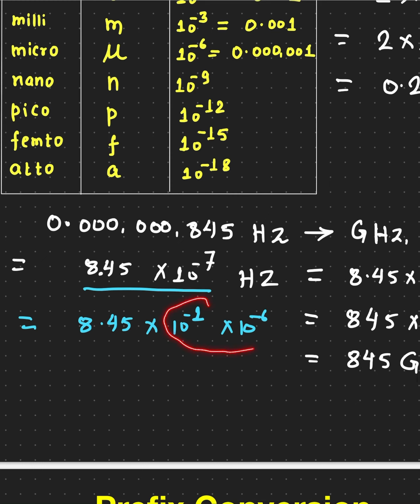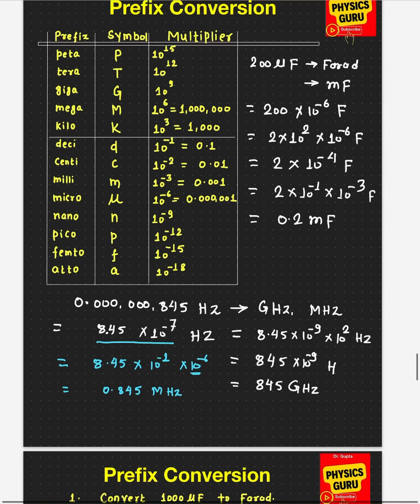Because 10 to the 1 and 10 to the negative 7 makes 10 to the negative 1, 10 to the negative 6 makes 10 to the negative 7. All right. And this 10 to the negative 6 stands for the mega. So I have to simply do this math here. So this math is 0.845. So 10 to the negative 1 means simply I have to move one decimal here. 0.845. And then this one will be 10 to the negative 6 stands for the mega. So it will be 0.845 megahertz.